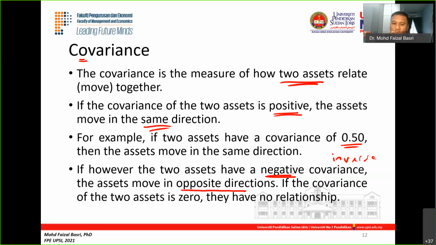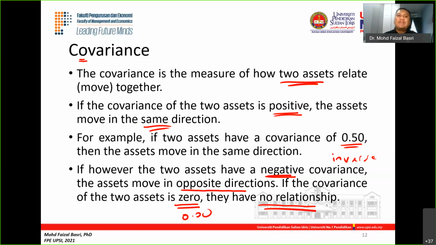And lastly, the third possible situation is if the covariance is exactly 0. Even 0.01 is a positive covariance, so we put two decimals. If we have 0.00, it means there is no relationship between the two assets.